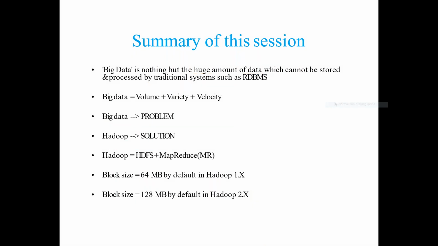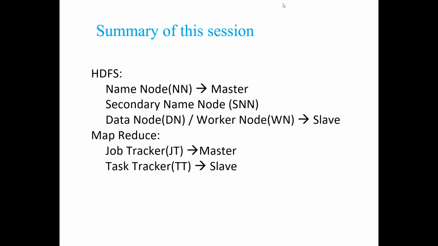There are totally 5 daemons in Hadoop, 3 daemons in HDFS and 2 daemons in MapReduce. In HDFS, the master is the name node, and the slave is the data node or the worker node. Of course, we do have another daemon in the form of the secondary name node. Coming to MapReduce, the master is the job tracker, and the slave is the task tracker.